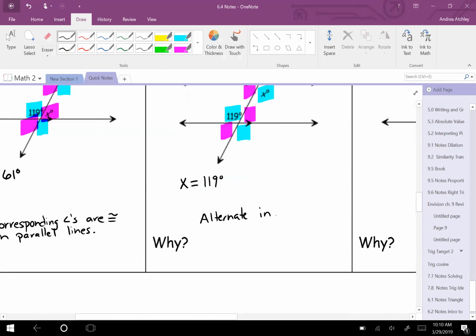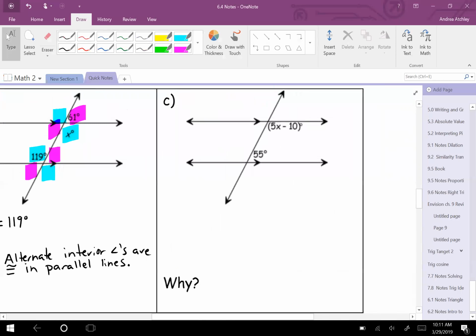Alternate interior angles are congruent in parallel lines. Any questions over that? Okay, next one.